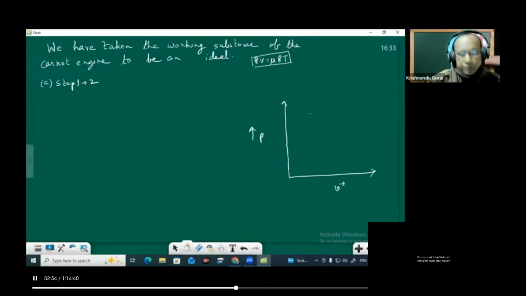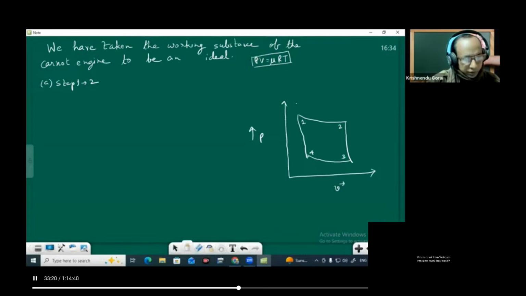And we have 4 steps. This is from step 1, P1, to this one, in this way, and in this way, right? So this is step 1, this is 2, this is 3, this is 4.